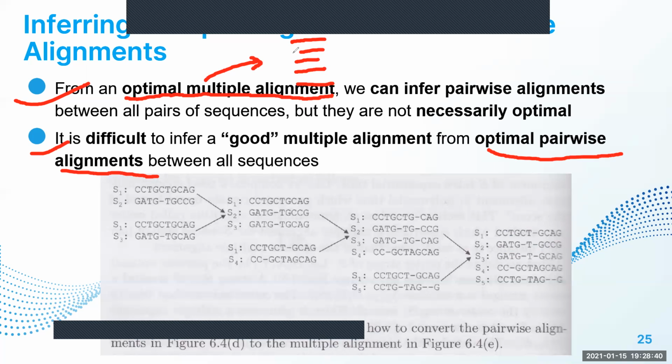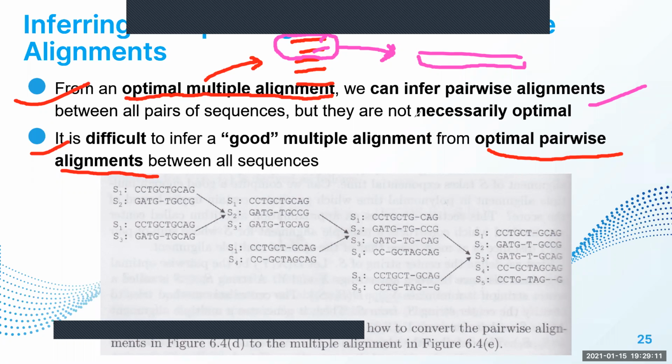Then if you take two sequences and check, you can see there is a better solution for that pairwise alignment other than this one. So that's the idea of this one.